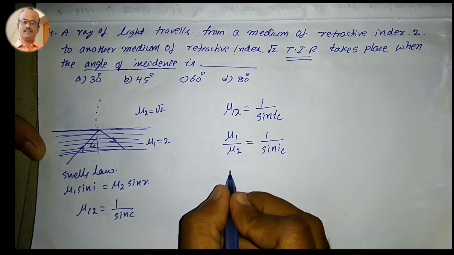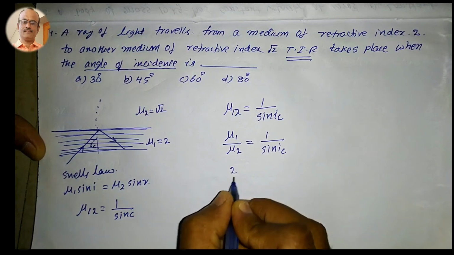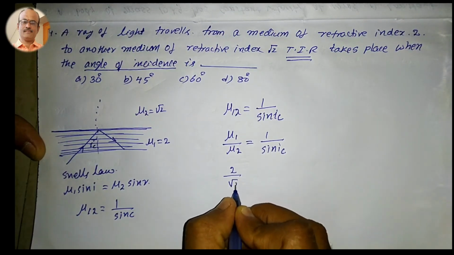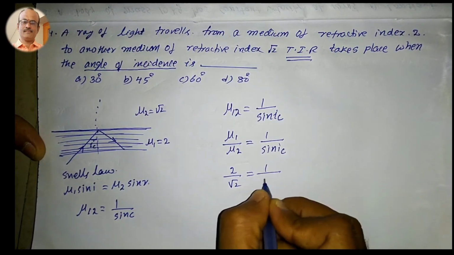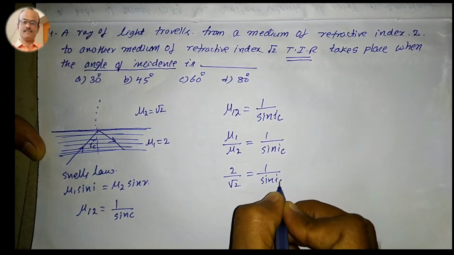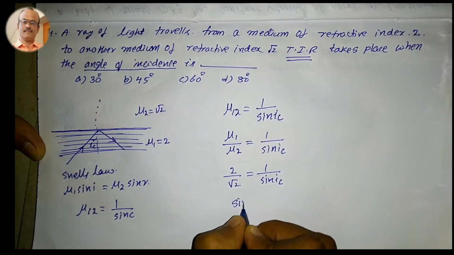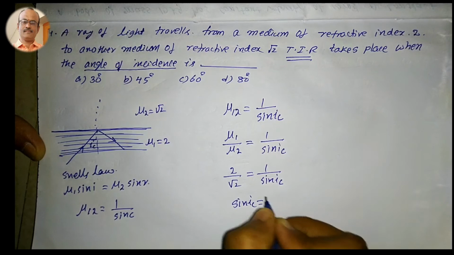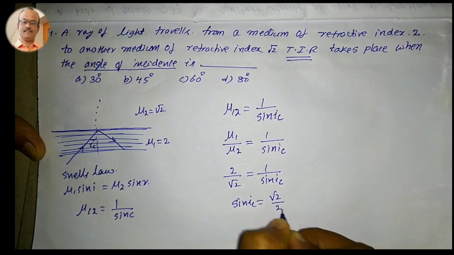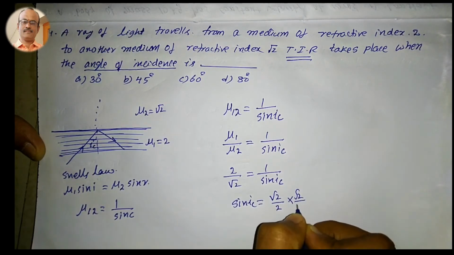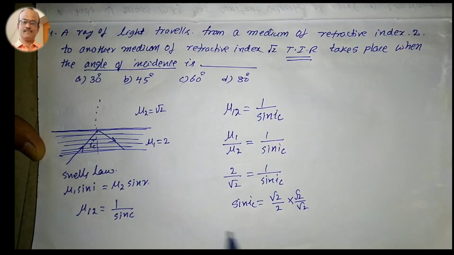So mu1 is how much here? 2. Mu2 is how much here? Root 2, equal to 1 by sin IC. But here sin IC is equal to root 2 divided by 2. So rationalization, multiplying root 2 by root 2 here.